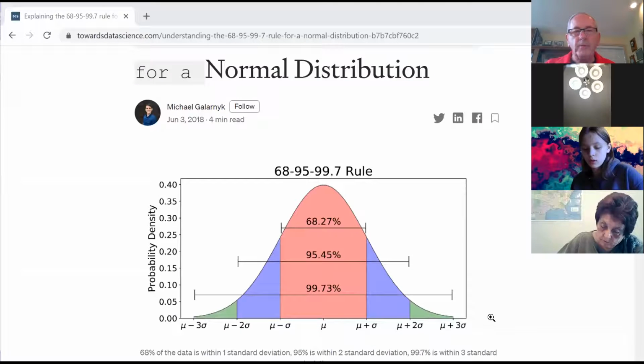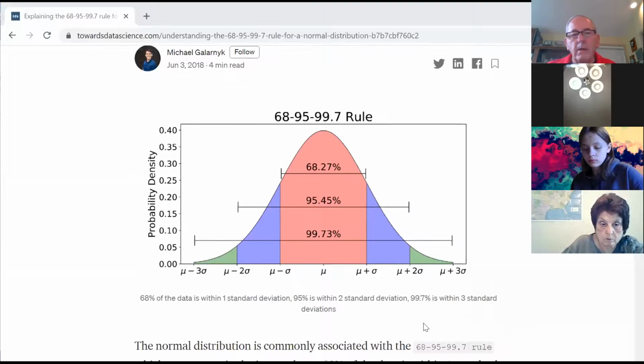Just can't get to it. Just a sec. Okay, bear with me. Normal distribution. Okay. Now I'm gonna share. Okay. So you see my normal distribution curve? Can everybody see this?